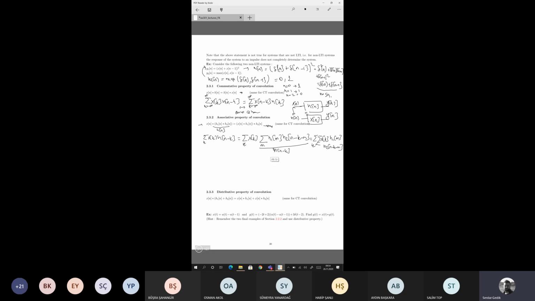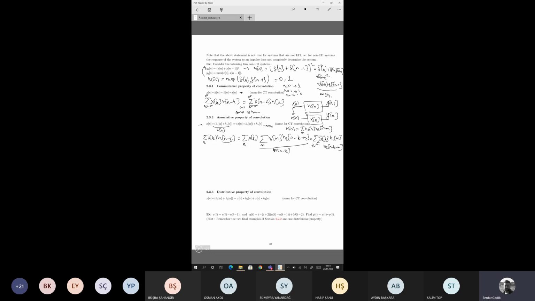And what is h of n? h of n is simply h1 convolved with h2, and it is summation over m, h1 of m, h2 of n minus m. Okay, so instead of n here, I put n minus k and obtain this term.